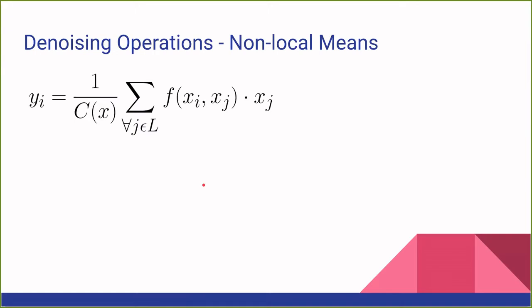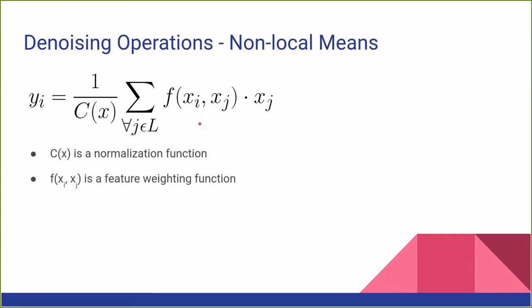And now we'll talk about the different denoising operations. We'll be talking about 4 different denoising operations that they implemented with a total of 6 implementations. The first type that they implemented was the non-local mean.